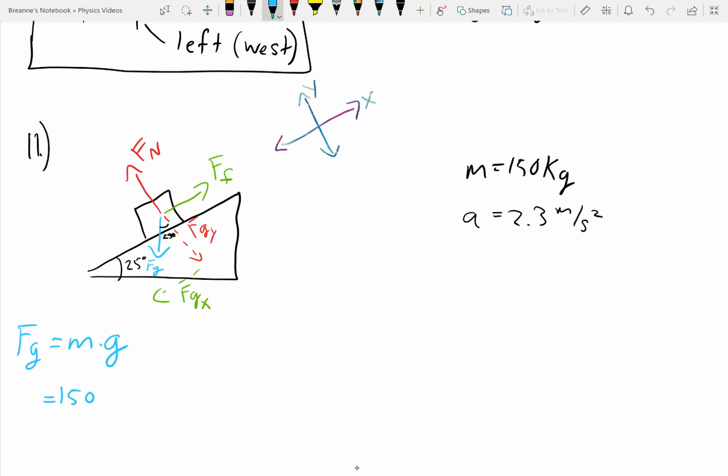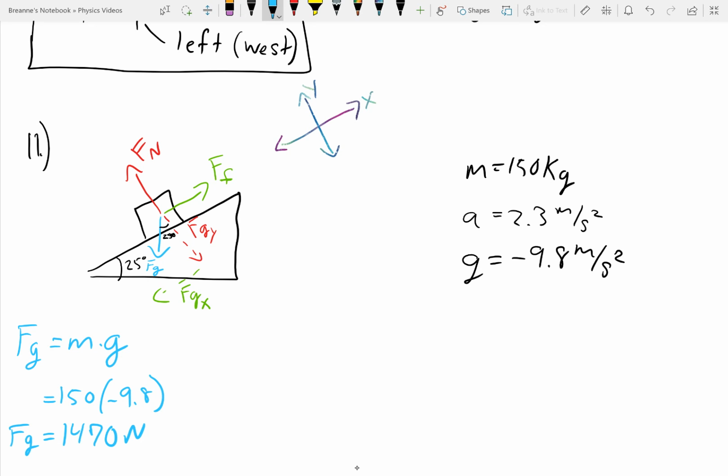Our mass and acceleration, that's something we always have. We have acceleration due to gravity, and you plug that into your calculator and you get this lovely answer. So that's our force of gravity.